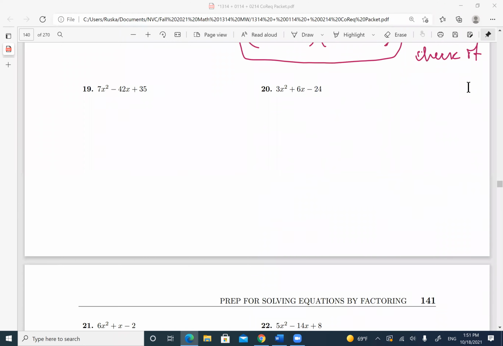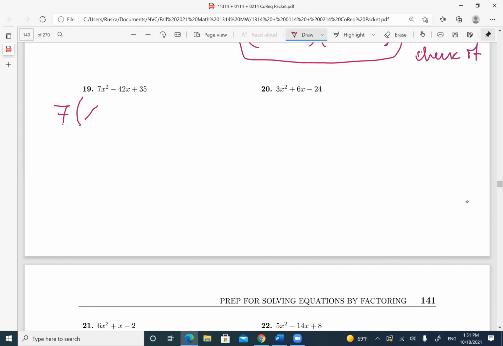19, okay, thank you. Okay, so for 19, we're gonna look for greatest common factor first because there is 7 in front of x squared. So the method I just showed you works only if there is just x squared, with nothing in front. So I'm gonna factor the greatest common factor, and luckily that's 7, right? So I'm gonna pull out 7 in front.